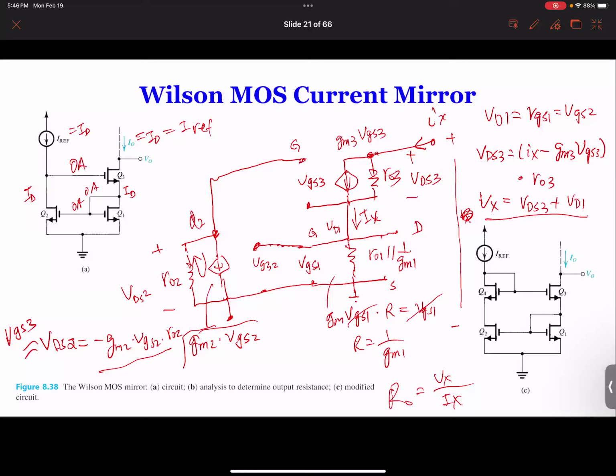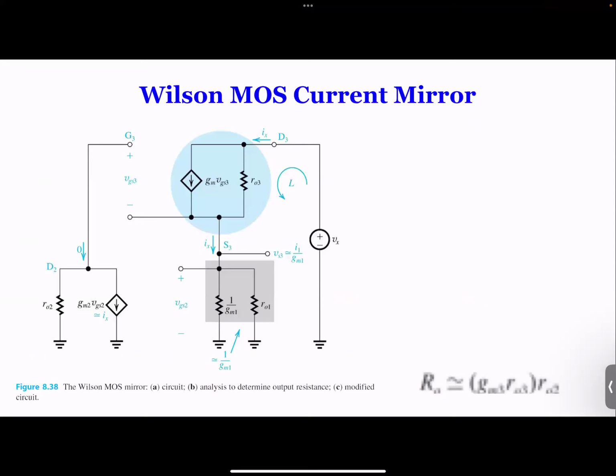But the idea here is that you can always draw the small signal equivalent circuit and then do the circuit analysis to find out what you can find for the resistance. So regardless whether it's 3, 4, 5, 6, 7, or 8, you can always use the small signal equivalent circuit. Today I use this example really just to get you to understand the procedure.